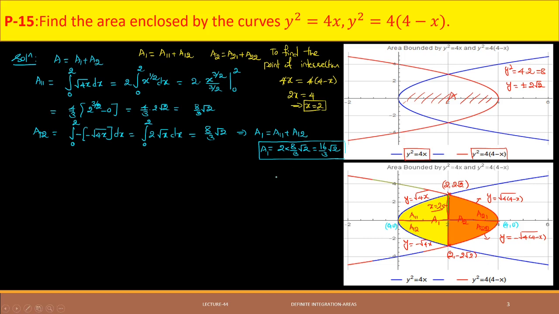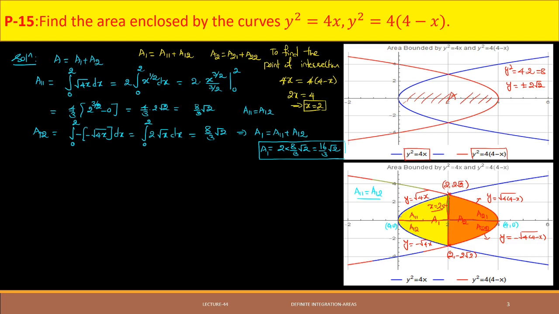Before finding A2, I would like to share one point here. We have observed that A11 is equal to A12. Geometrically, that means A11 is equal to A12, because we know that this curve is symmetric about x-axis.